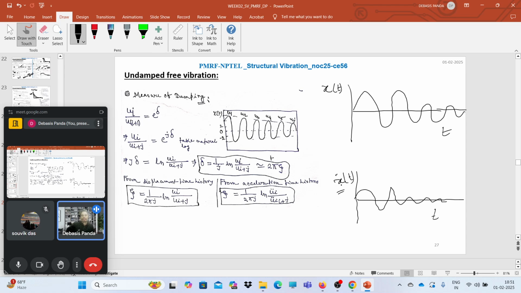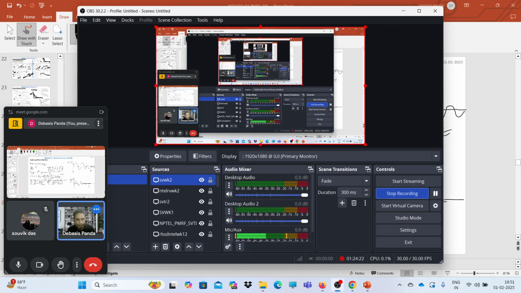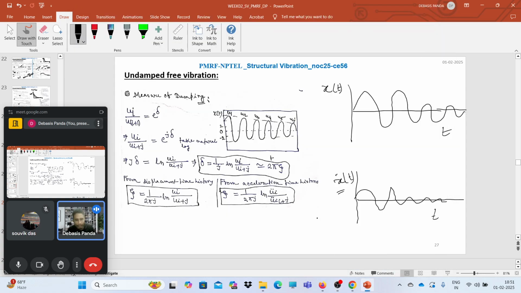From the concept of the logarithmic decrement, we can easily find it out. Just recall the definition of the logarithmic decrement. It's nothing but the natural logarithm of the ratio of two successive peaks.